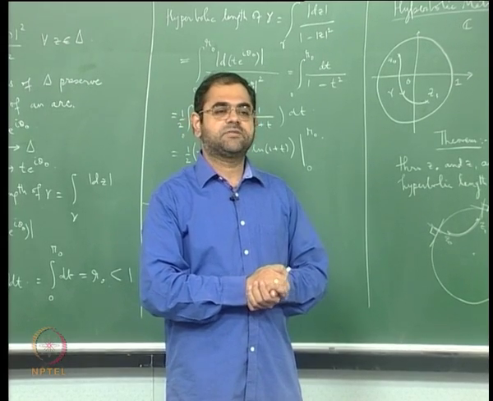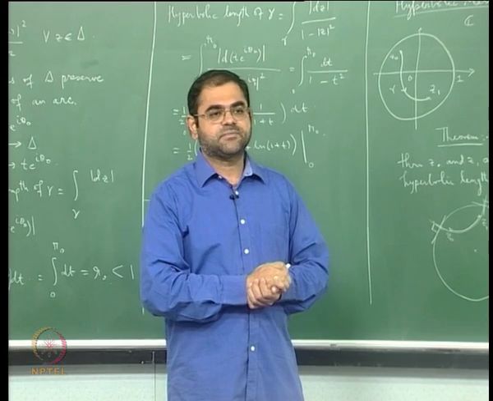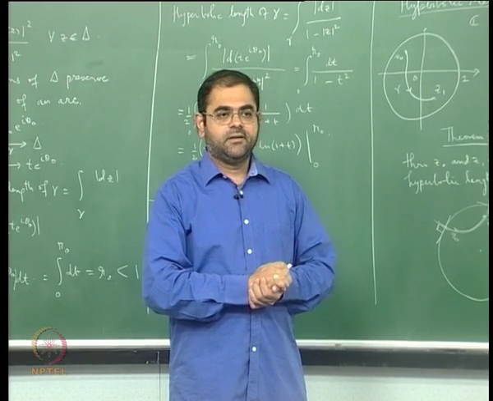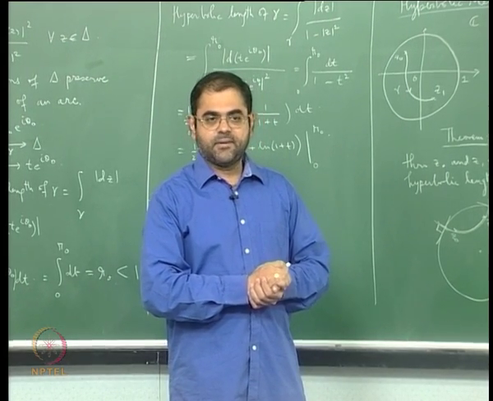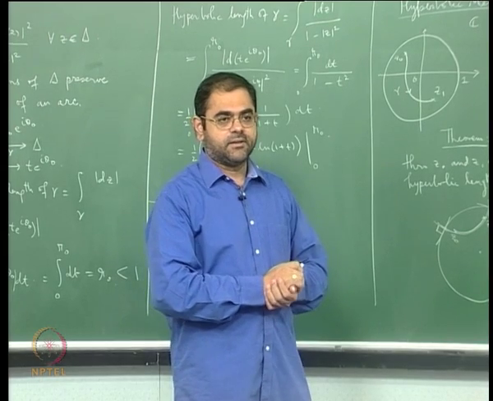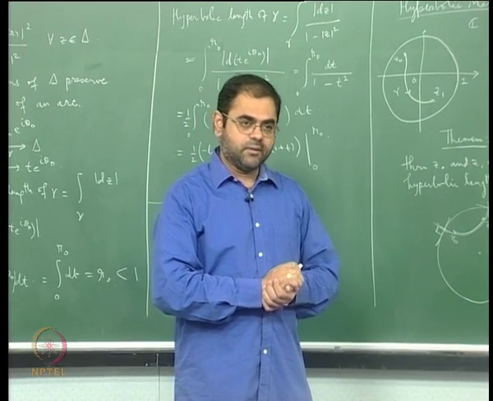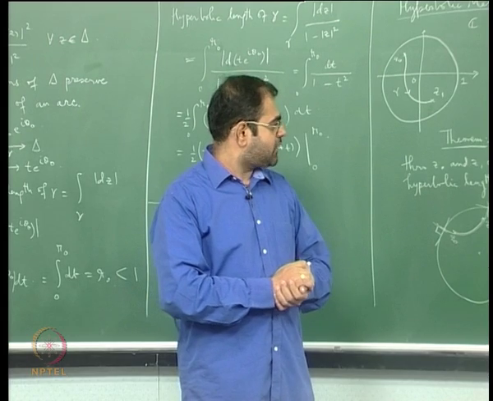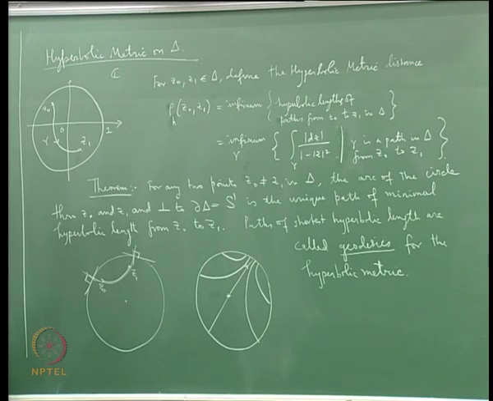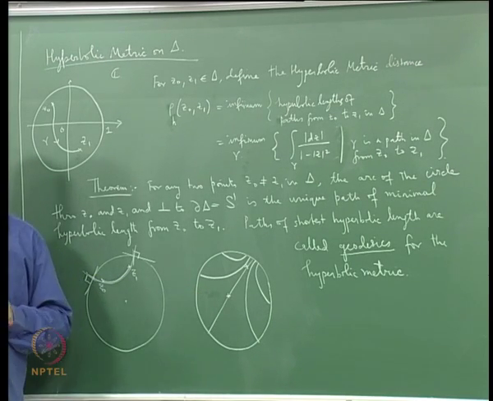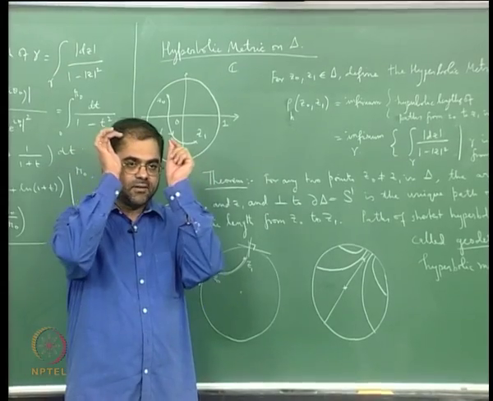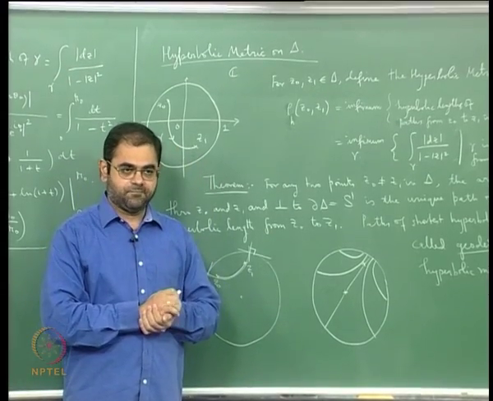So all of Euclid's axioms, except the parallel axiom, that hold for straight lines will work with the geodesics for the hyperbolic metric. You have to throw out the parallel axiom, okay.